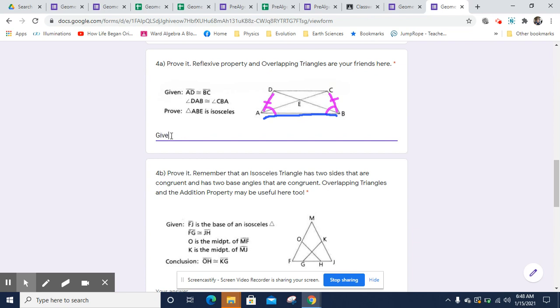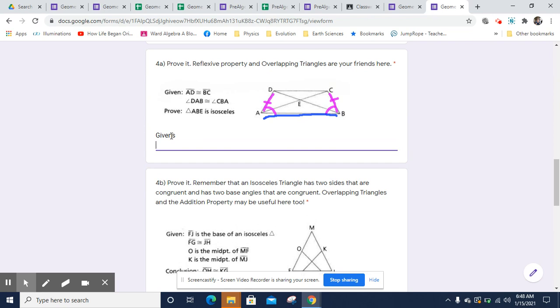So after the givens, we can state that AB is congruent to BA, okay, by reflexive property.